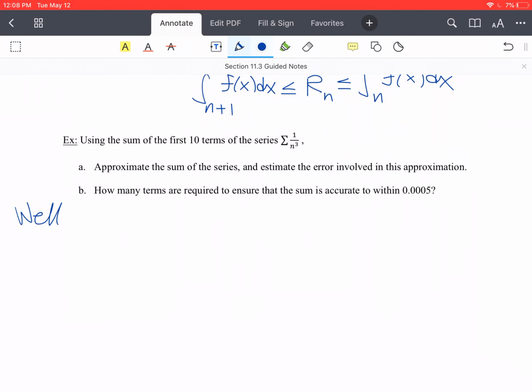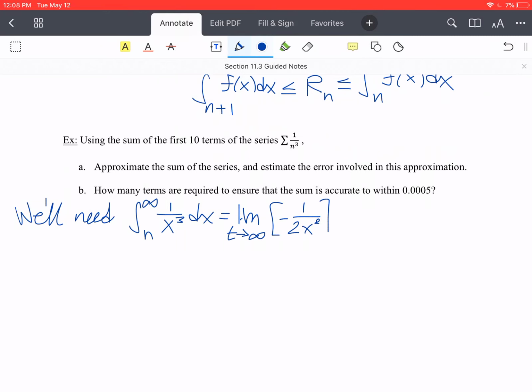So we'll need the integral from n to infinity of 1 over x cubed dx. This is the limit as t approaches infinity of the integral from n to t. But let me go ahead and just take the antiderivative right now. That's negative 1 over 2x squared from n to t.